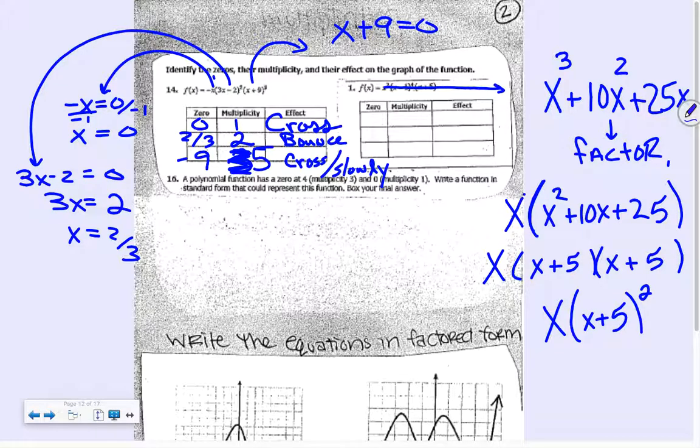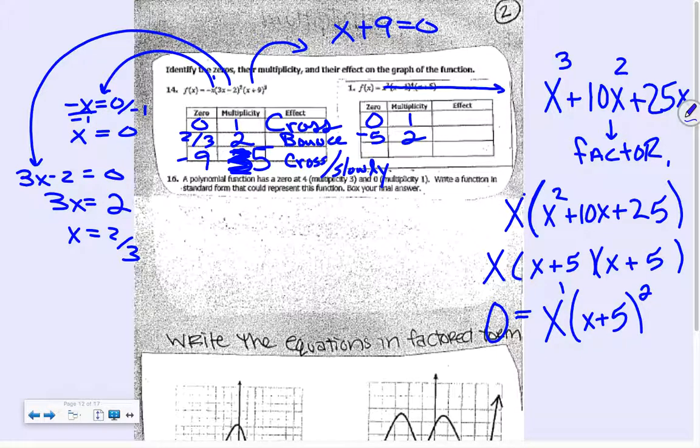2. Okay. What are your zeros out of this? Your zeros are 0 and negative 5. The multiplicity is what and what? That's 1. 0 has a multiplicity of 1. Negative 5 has a multiplicity of what? 2.